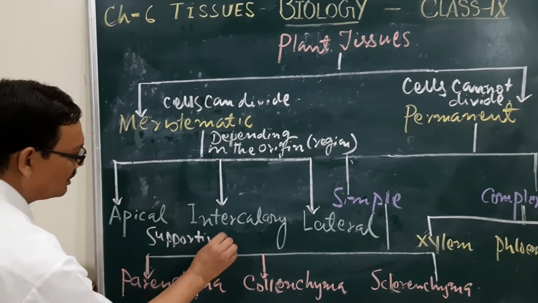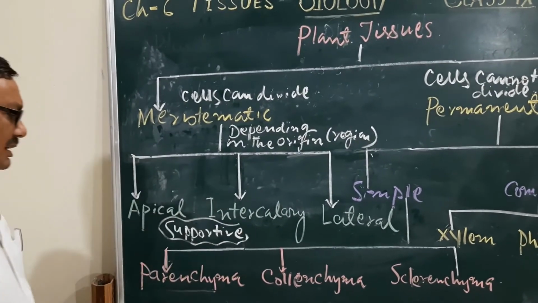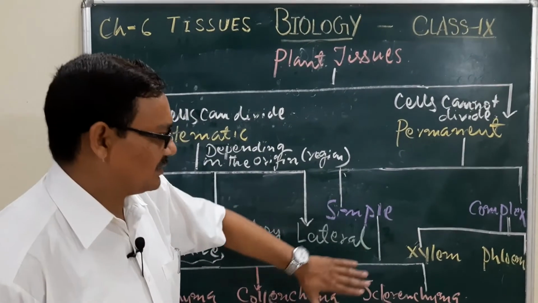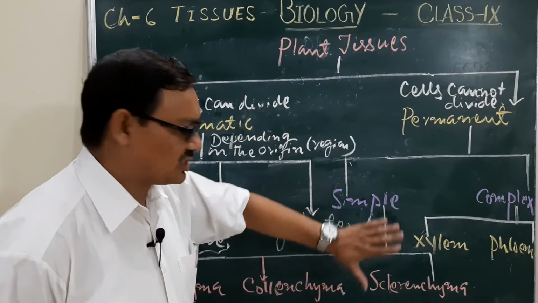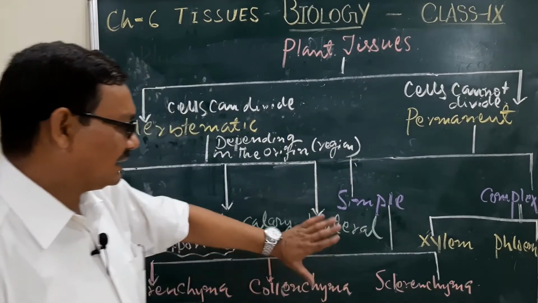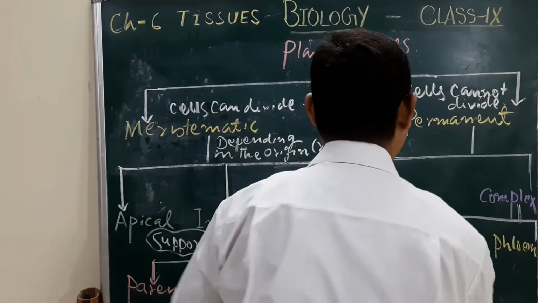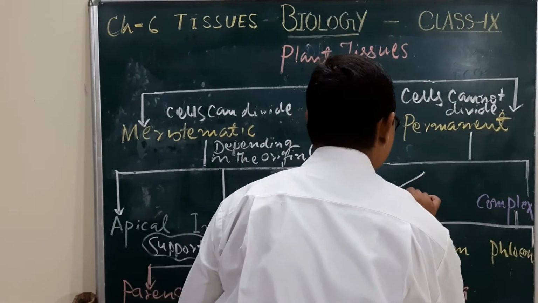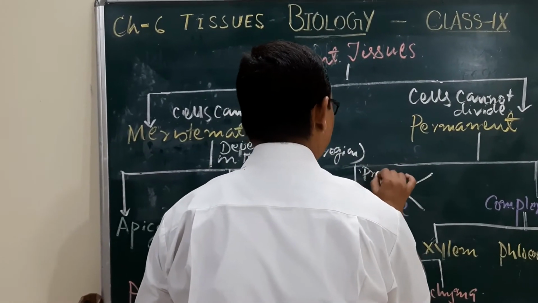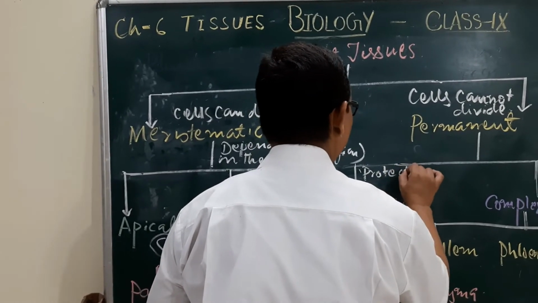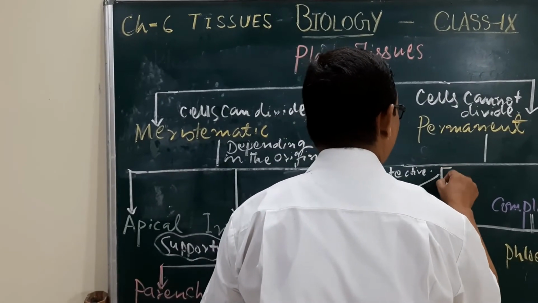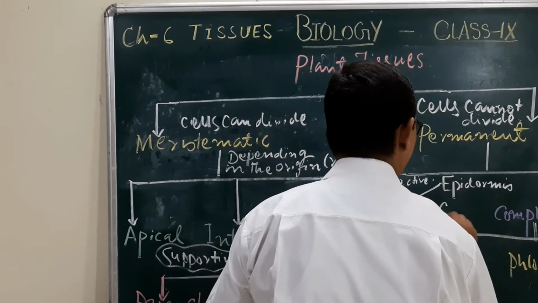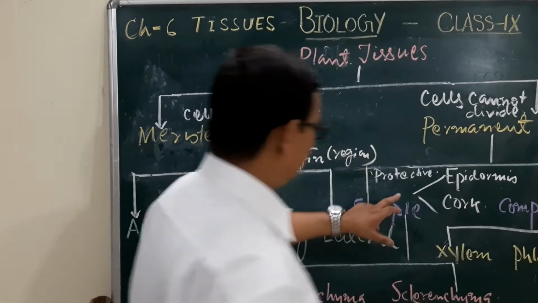The first classification of the simple is depending upon the supportive, and another classification depends on the protection, and that is the protective, and that also has two different categories. Here is no place to write, may I show you here, that is known as the protective: the epidermis and cork. So these are some facts.